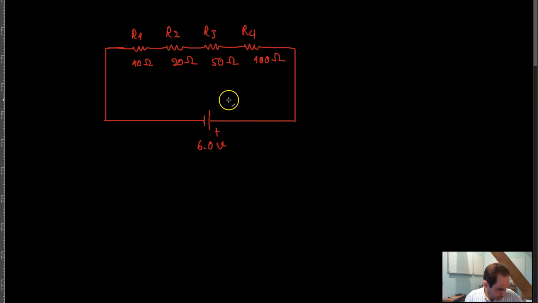Now you have this combination of resistors, and you want to calculate what is the whole power dissipated by the whole combination.